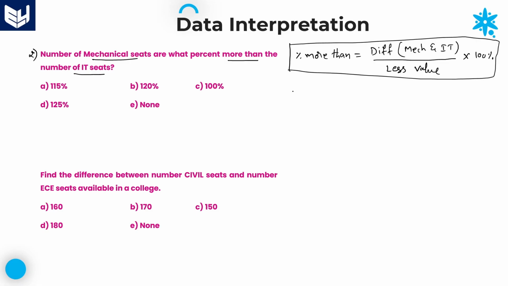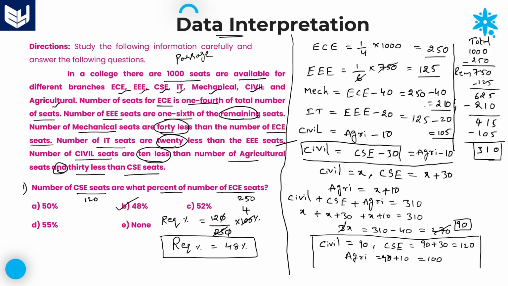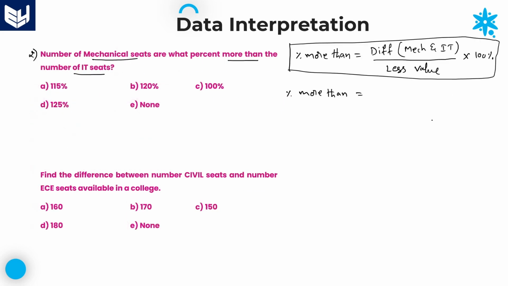Now again you go with the previous slide, because here we need the values of mechanical department and IT department seats. Mechanical is 210 and IT is 105. Difference between those two, 210 minus 105, divided by the less value, 105, into 100 percentage.